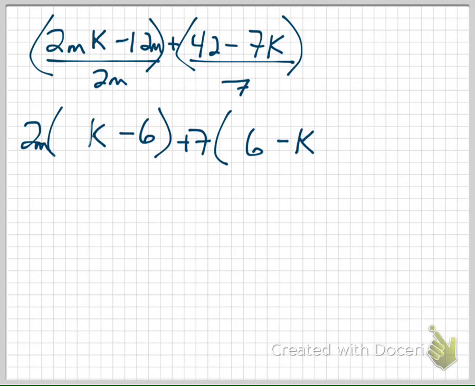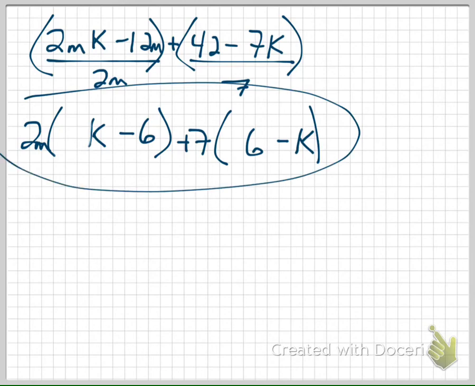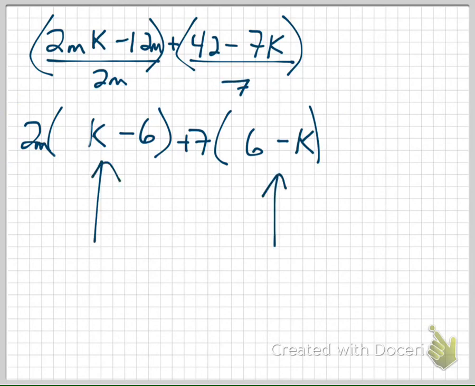Okay, so I'm really close here now. But oh, wait a second. Are they identical? No, they're not. They're close. In fact, you recognize, oh, wait a second, these are just additive inverses. I need this to look like k minus 6. I need them to be switched.